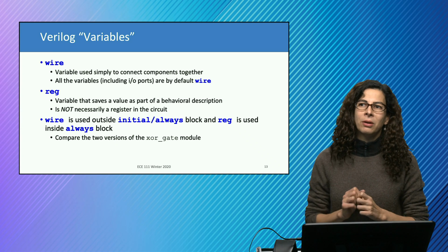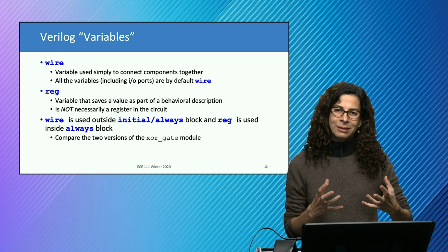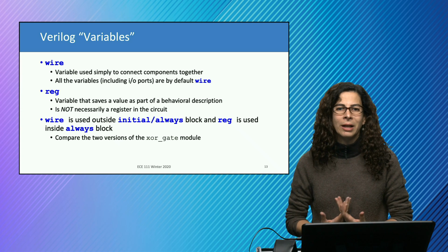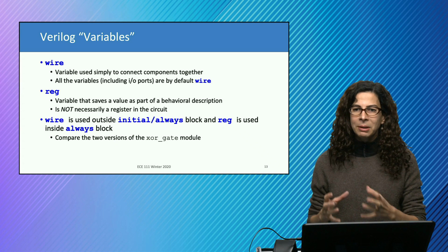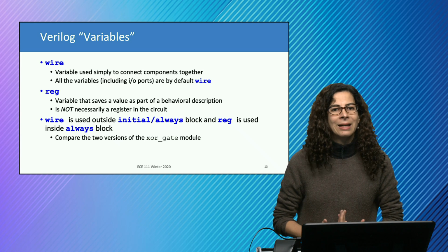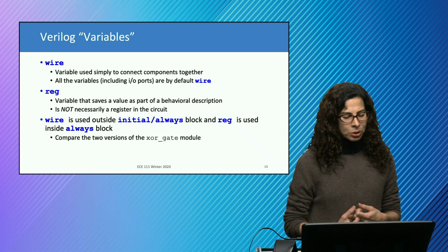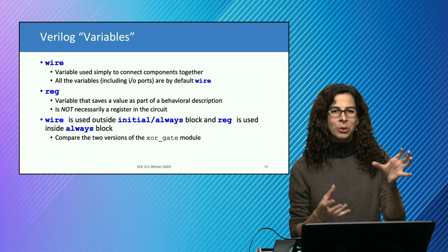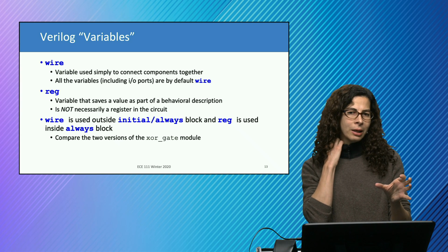Remember, the software is optimizing things before it maps them to a netlist or to a physical design. But every time in a behavioral description we need to save a value, we define it as a register. Usually we use wires outside the initial and always blocks, and registers are used inside the always block.